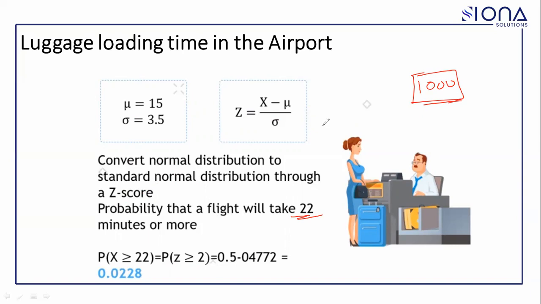So he wants to understand what is the probability that a flight will take more than 22 minutes. Let's say that he has kept 22 as his threshold. He wants to find how many flights get delayed more number of times.